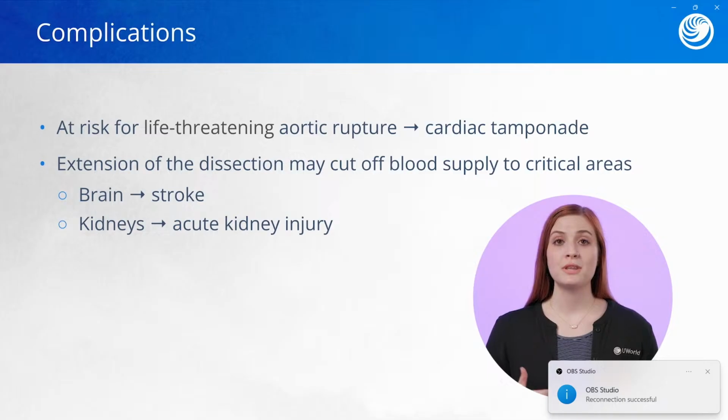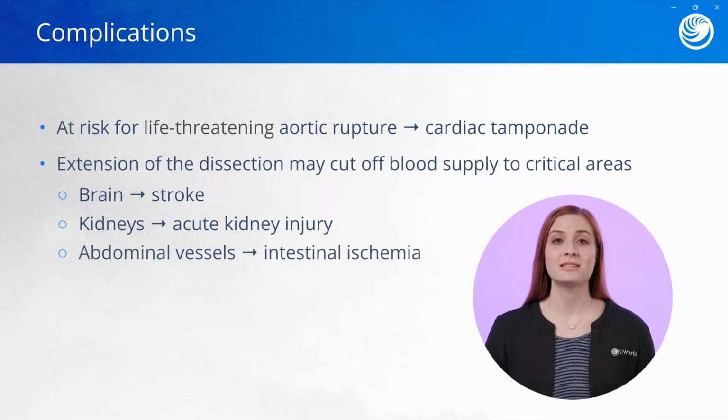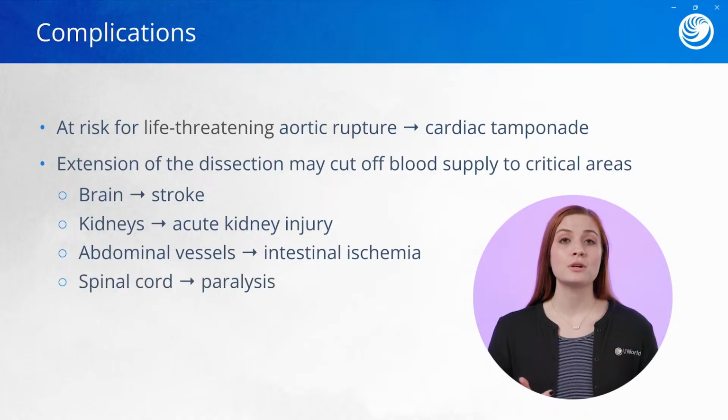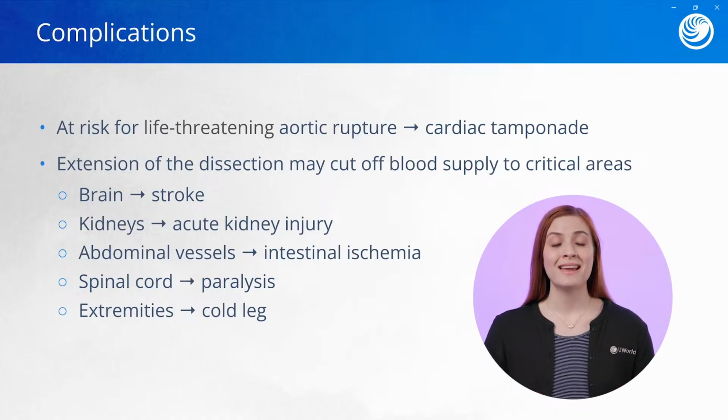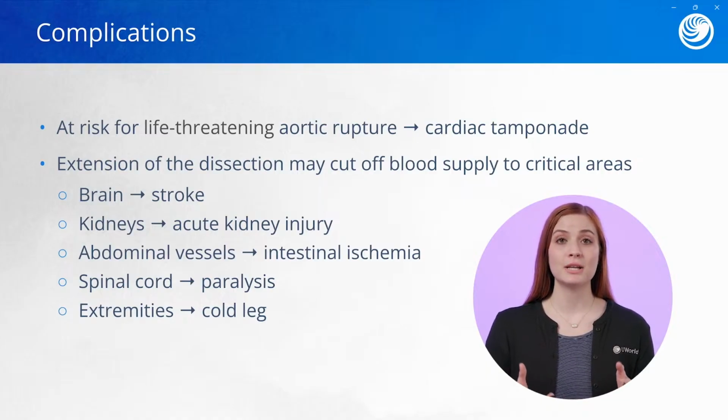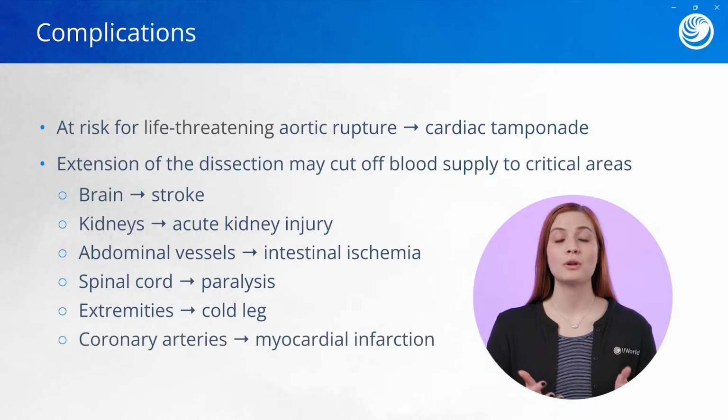If perfusion to the abdomen is altered, we can have ischemia of the intestines. If the perfusion to the spinal cord is altered, paralysis can occur. Limited blood flow to the extremities can result in cold arms and legs, and if severe enough, can eventually cause tissue necrosis. Finally, if we're not getting enough blood supplied to the coronary arteries, myocardial infarction, or MI, can occur.